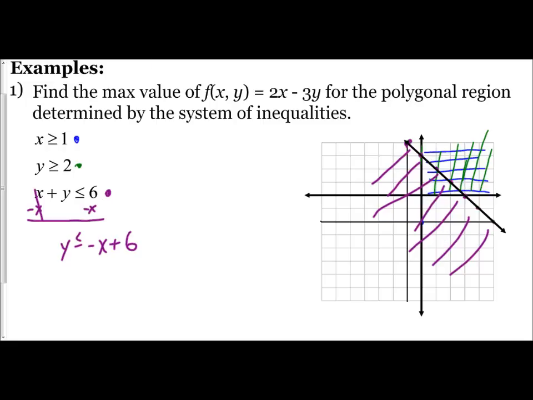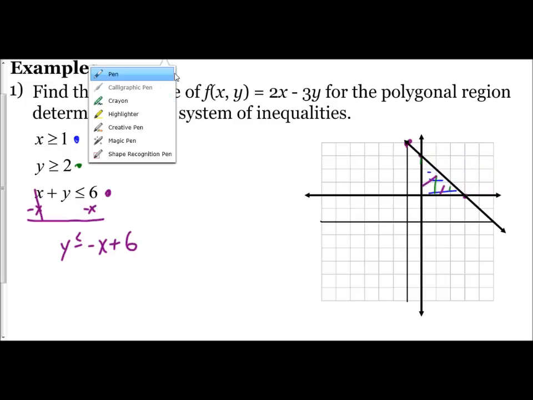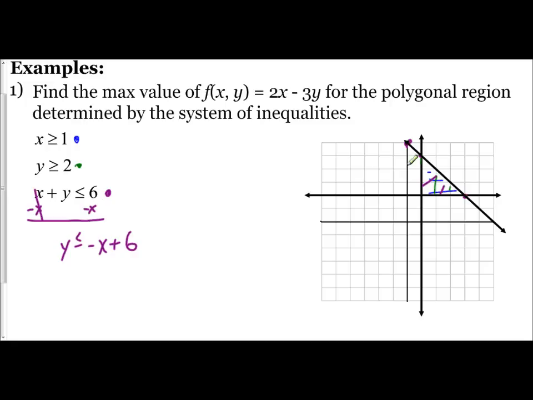So I'm going to erase the other parts of my solution region and focus primarily on that triangular region. Let's highlight that region so we can see it better. This is the region where my solutions are.